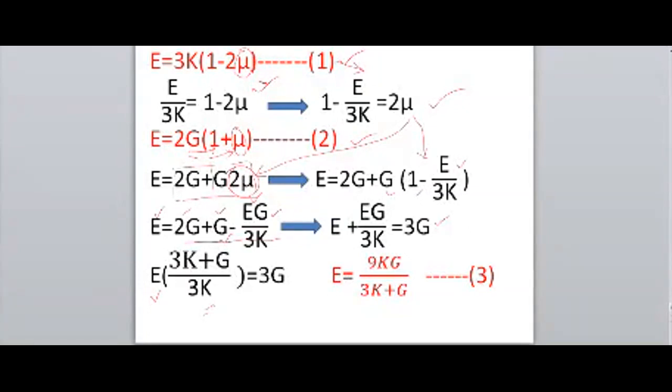And I need to move this term to the right hand side. Therefore, 3k into 3g will get 9kg, 9kg by 3k plus g. This is the final equation between the elastic constants.